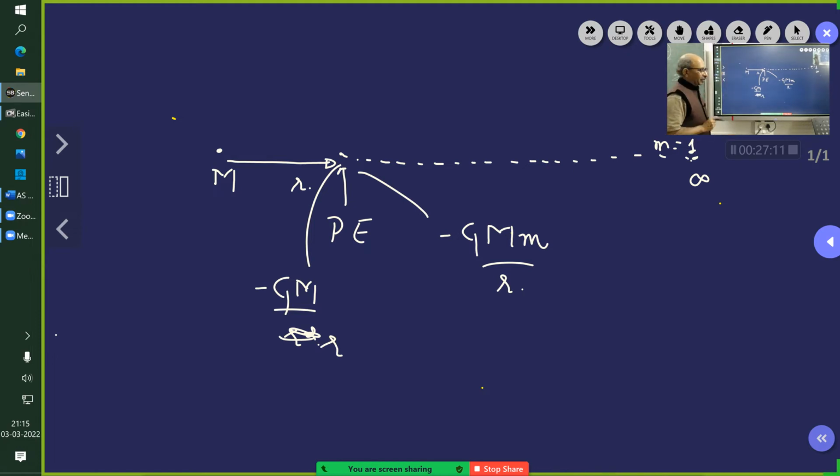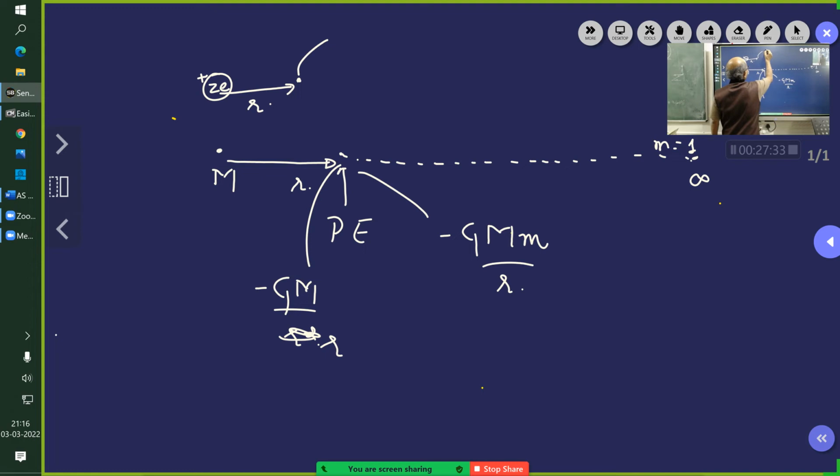Hello friends, did you get it? So now similarly, we have got the nucleus, and we are talking about the electron here at a distance r. What is the potential energy of this electron?